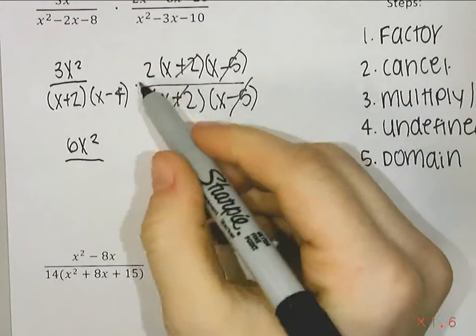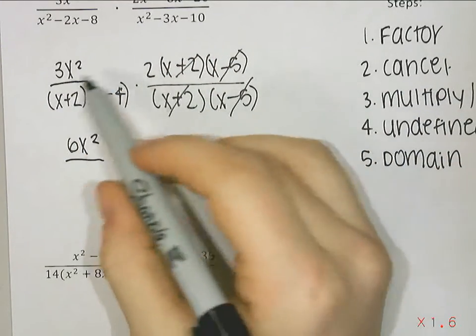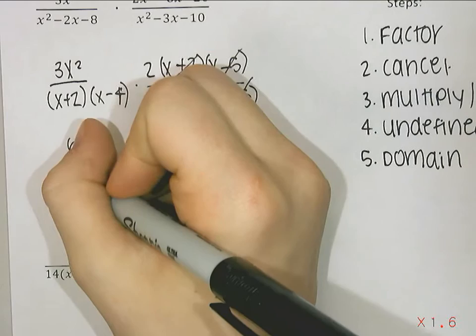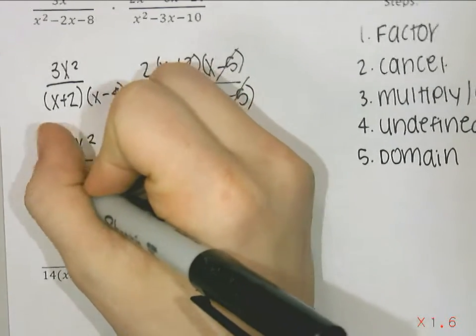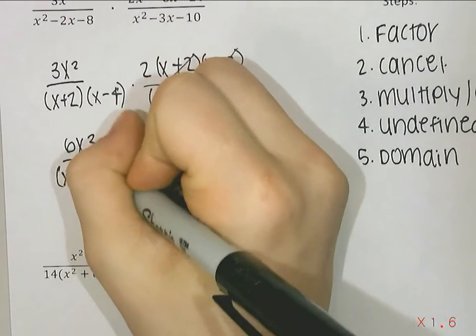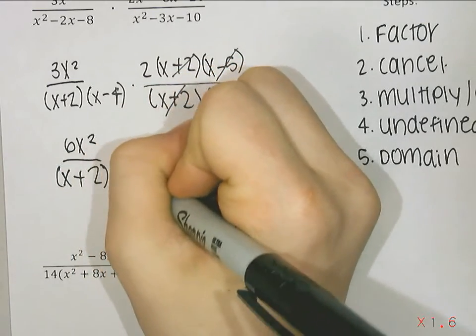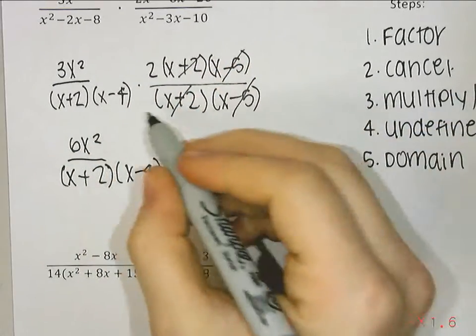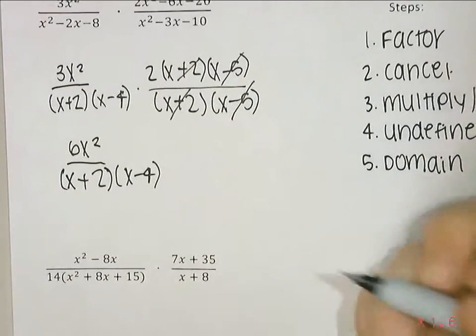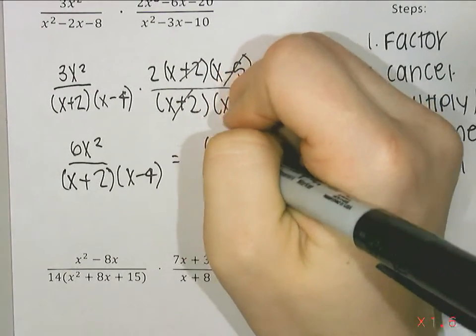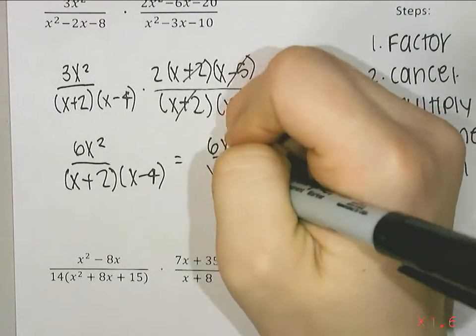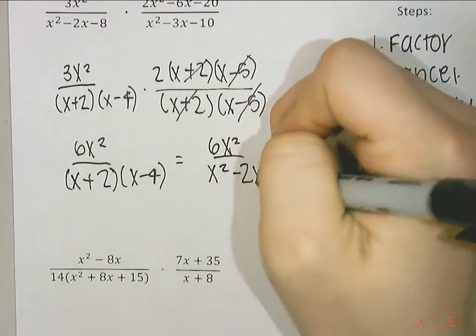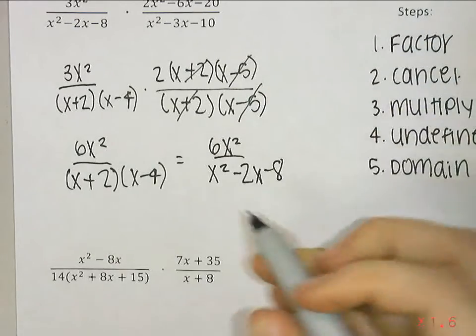So you multiply the 2 and the 3 on the top, so that gives you 6x squared, and that's over x plus 2, x minus 4, because there's nothing on the bottom to multiply it to. And this is equal to the same thing, or equals this also. It's the same thing, so be able to recognize that.